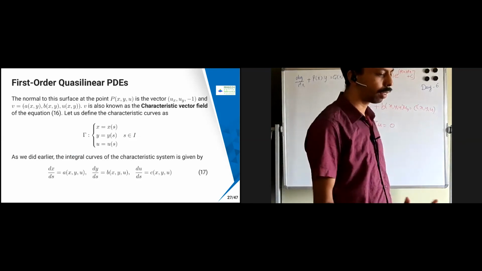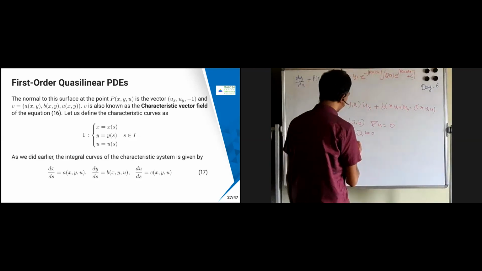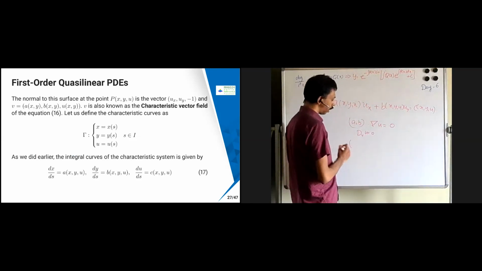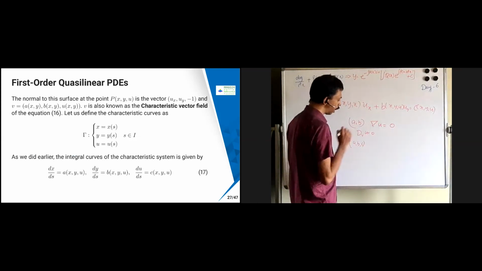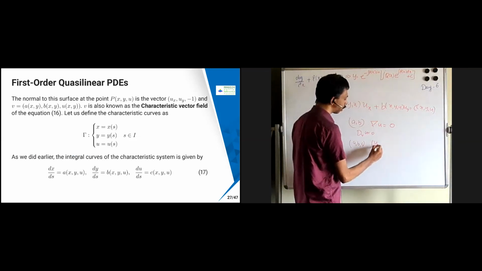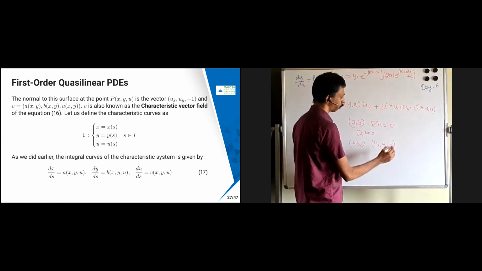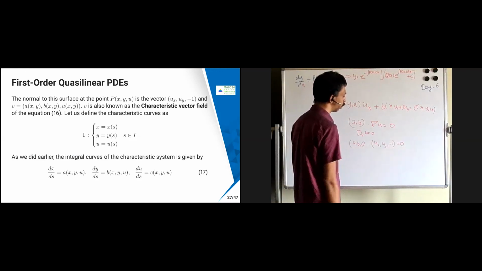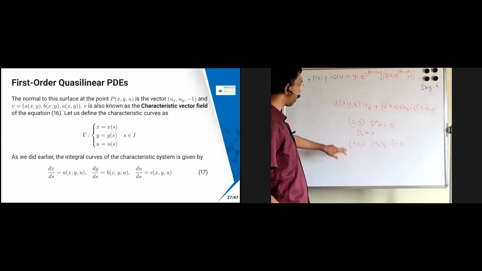Since it is a surface, we are trying to find a comma b comma c dot, instead of del u, ux, uy, comma minus 1. Is it the same as this one?